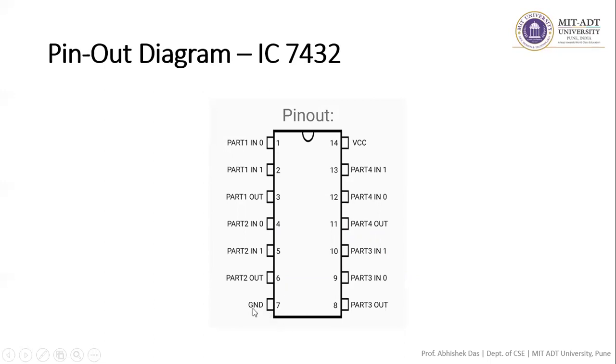GND is 0 volt, and VCC is a 5 volt connection. Then for pin numbers 13 and 12 we have the inputs, and for 11 we have the output. Again pins 10 and 9 are both inputs, and pin number 8 is the output for the input pins 9 and 10. Okay, so this is all about the pin diagram of the OR gate, that is IC7432.